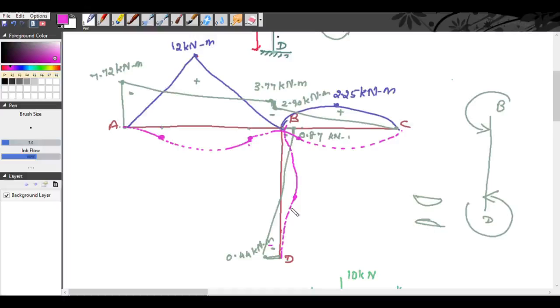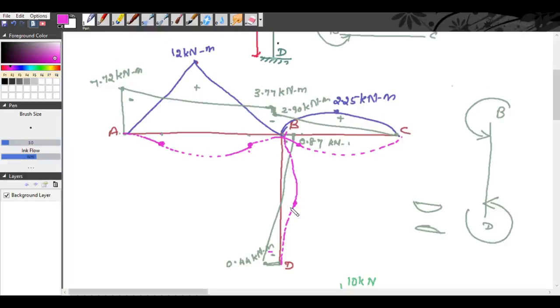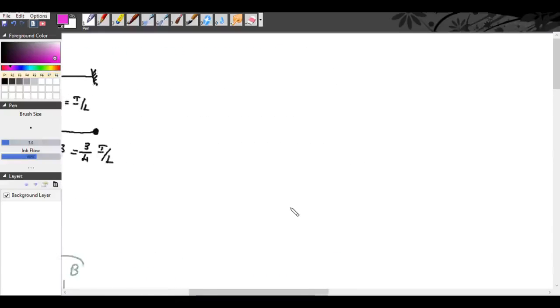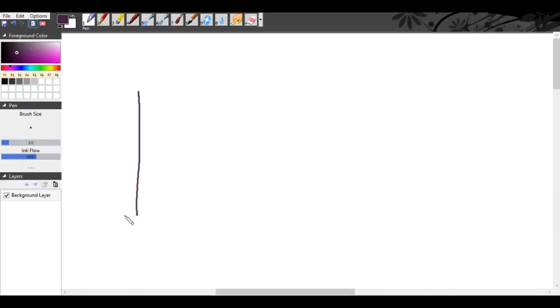So I will give you one problem for practice. I will give you the problem and you please try to solve that problem. So your problem is a continuous beam. I will draw you the diagram. Okay. Try to solve this problem and see whether you are getting the answer.